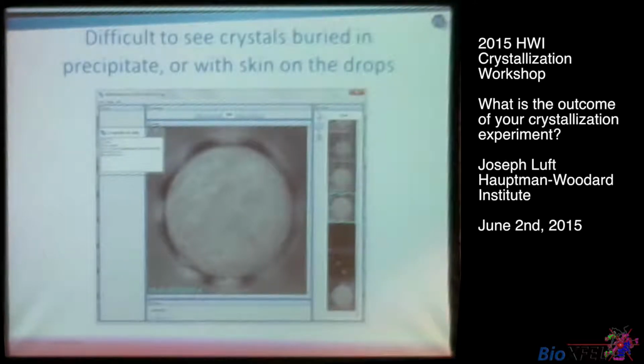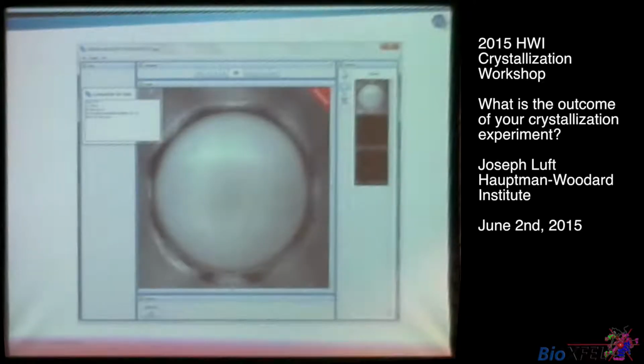Right? So crystals, when they're forming in the presence of a skin or a precipitate, which they often do, they're very difficult to see. This is the second harmonic generation sonic image that actually shows that there are crystals in this image if you can't see them from the back of the room. But they're difficult to spot, not because they're small, but because they're just sort of hidden behind opaque precipitates.